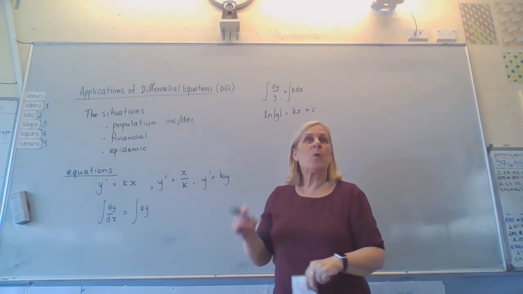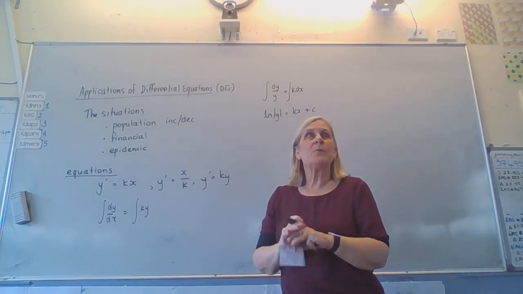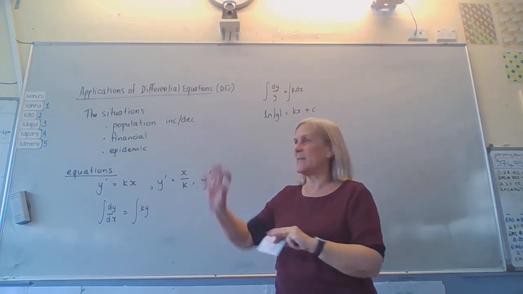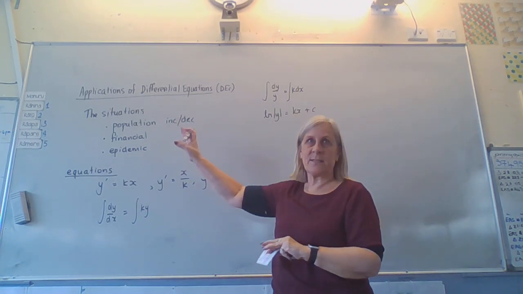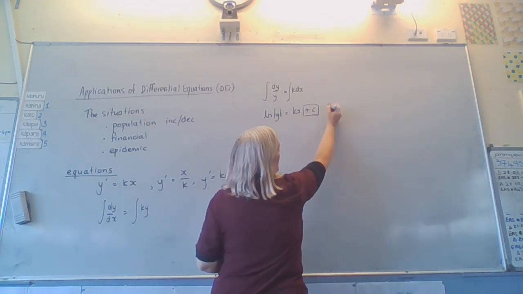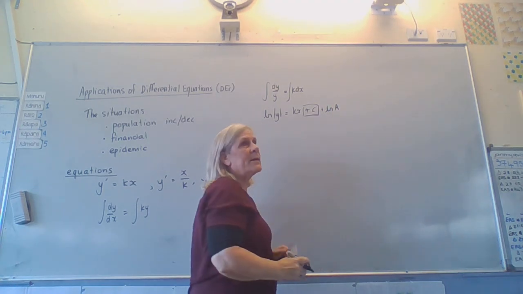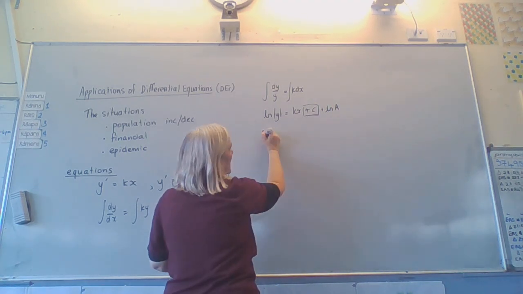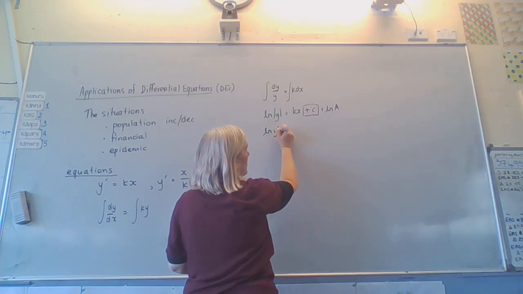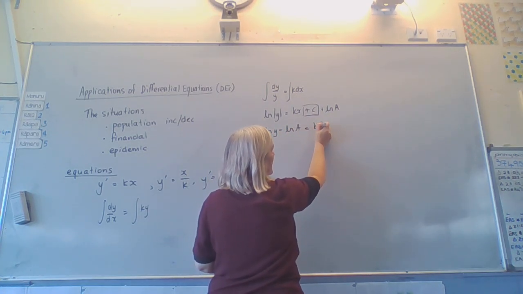Now, I said I'd explain why this turns into an a. So what we want to do is we want to be able to say more about this plus c in this particular instance. And to do that, what we do is we replace this with a plus ln of a. Okay? When we rewrite this, we get ln of y minus ln of a equals kx.